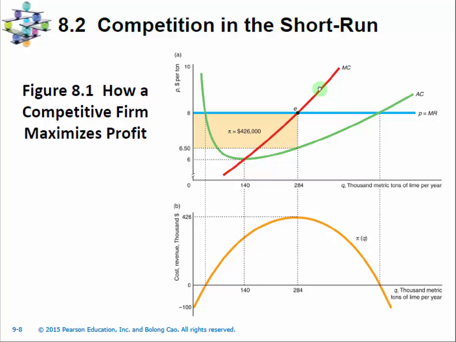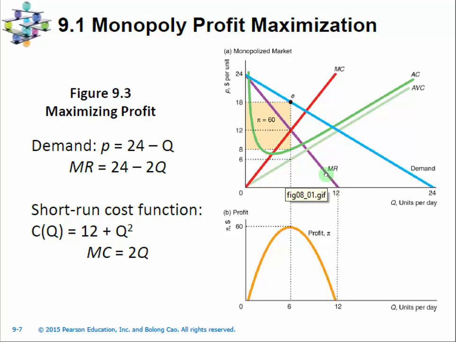The marginal profit is negative, so that decreases the total profit if the firm keeps producing above 284 units. So the essence of the profit maximization problem for both kinds of firms is the same. The only difference is the shape of the marginal revenue curve.